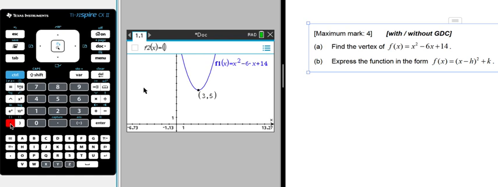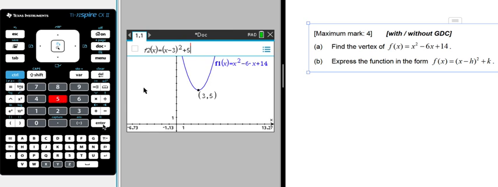So let's find out. Put a bracket, then x minus the value of h, which was 3, close the bracket and square it, and then I need to add plus k, and the k is going to be 5.